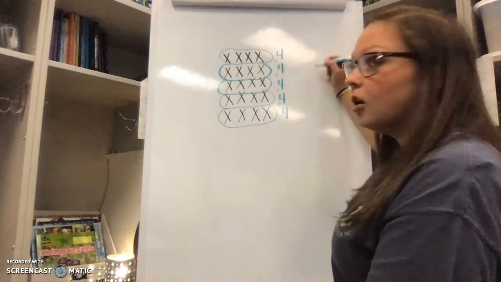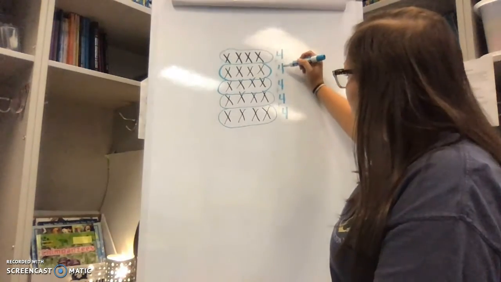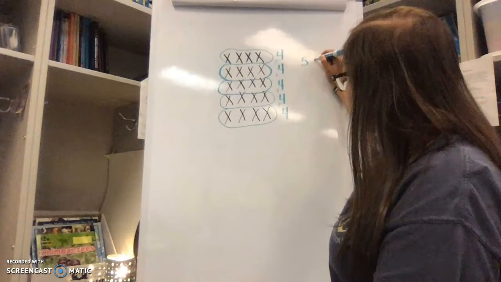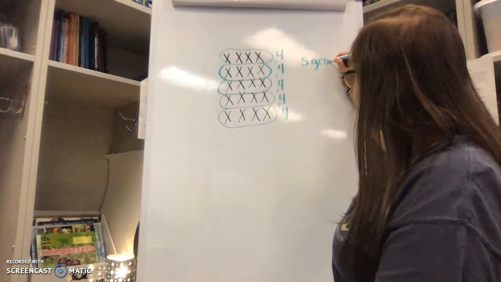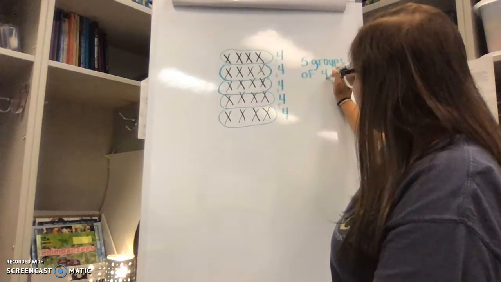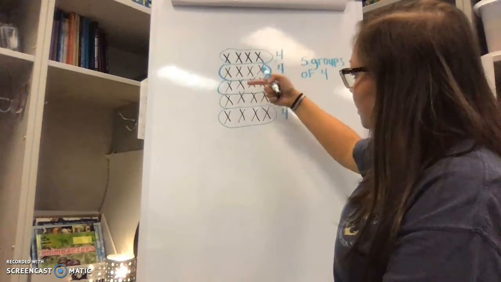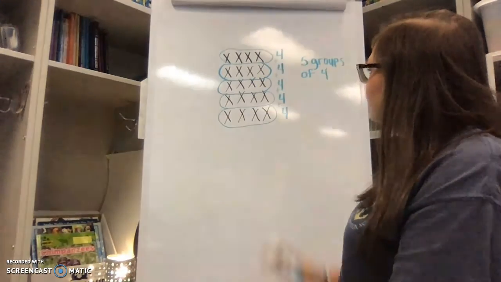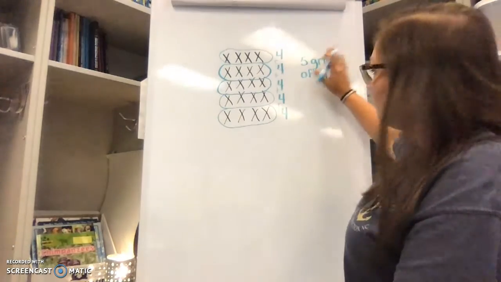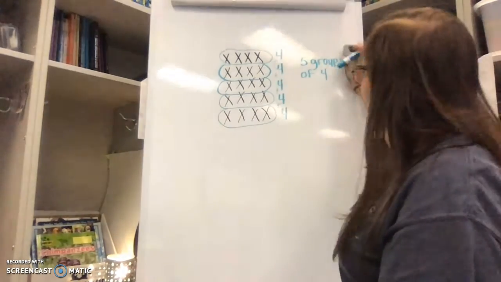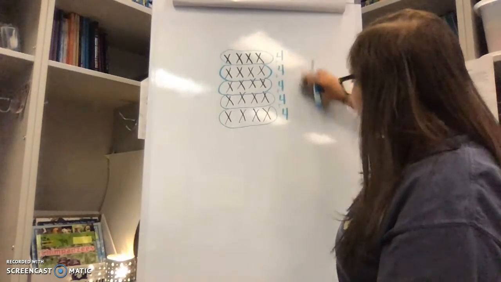And this could also be written as 1, 2, 3, 4, 5 groups of 4. I have 5 groups of 4. We're not really worried about that yet. We really just want to look at the repeated addition, but I wanted to show you what that will look like in the future.